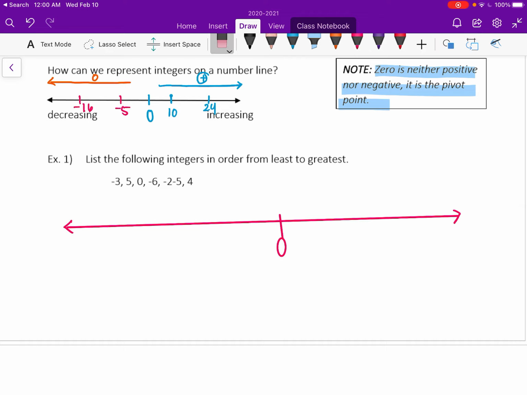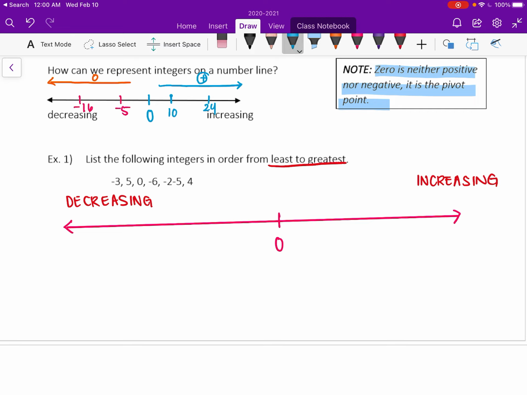I'm just going to fix that so it looks a little bit nicer. So that's my 0 point. I know that if I'm going in this direction, my numbers are increasing. I know if I'm going in this direction, my numbers are decreasing. And that's just something for me to remember, because it's saying write them in order from least to greatest.